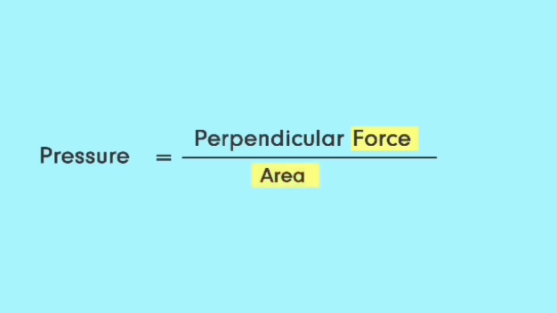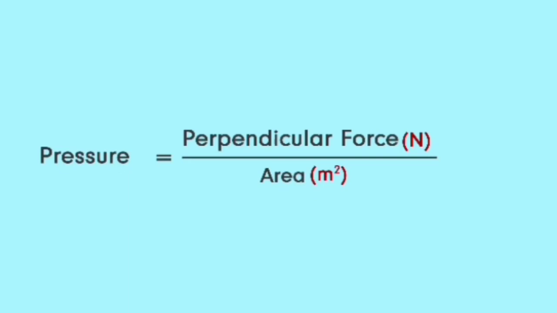The SI unit of force is Newton, you know that, which is denoted by the capital letter N, and that of the area is m square. So the SI unit of pressure is Newton per meter square, which is also called Pascal, which is denoted by Pa.